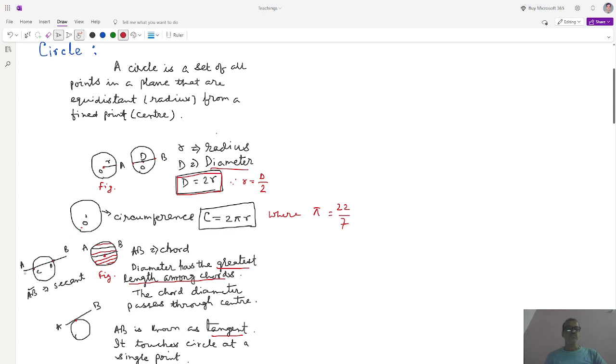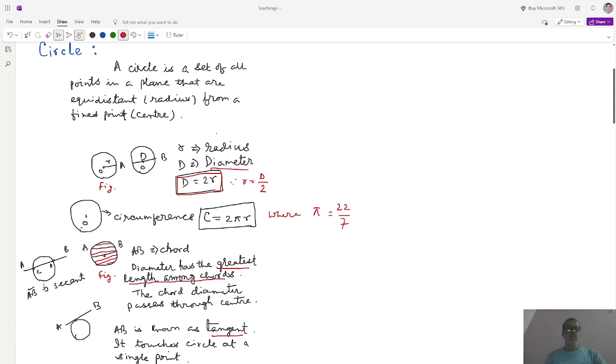Now, a line segment AB intersects the circle at points C and D respectively, and this line segment AB is known as secant.